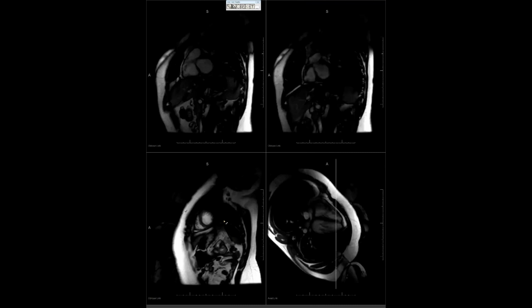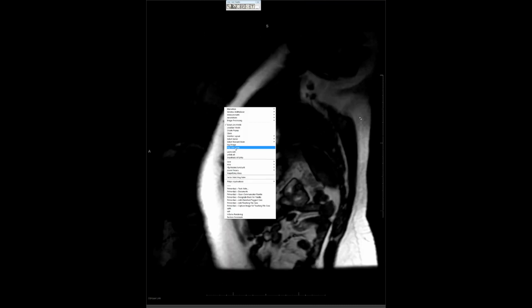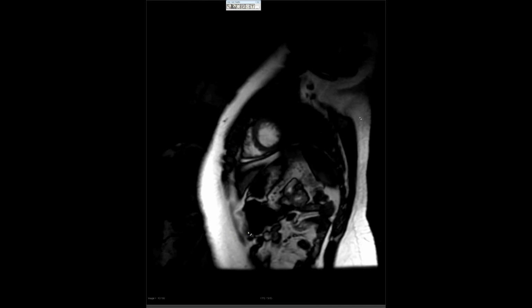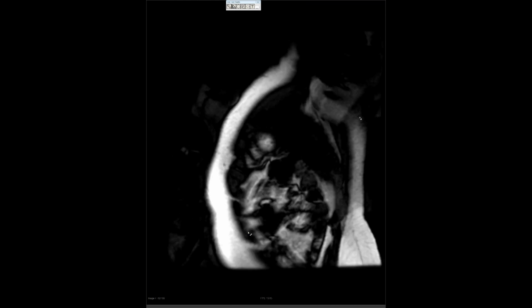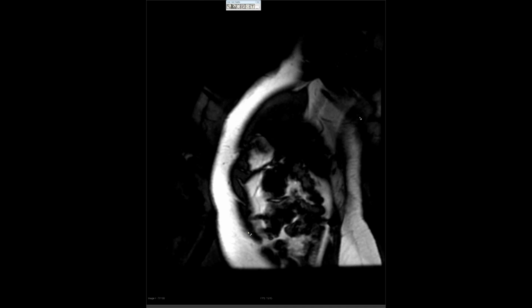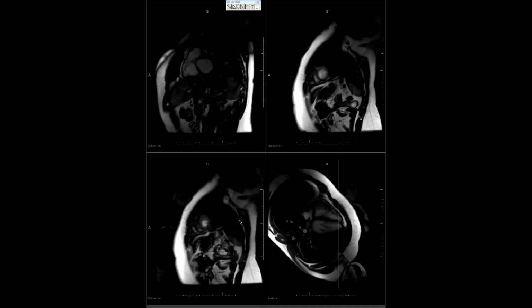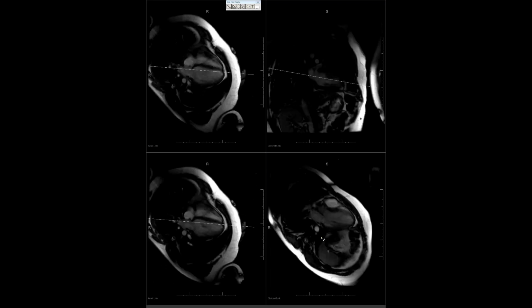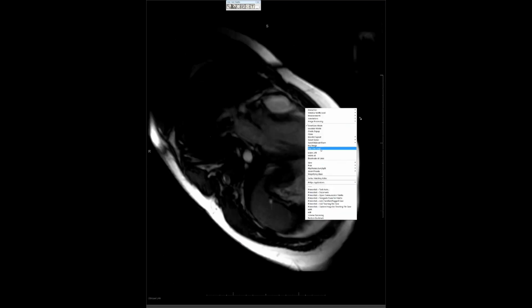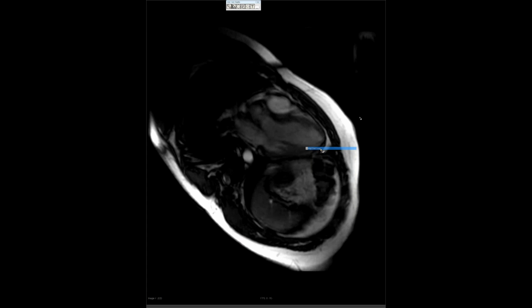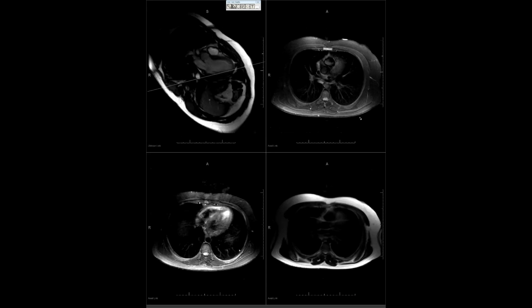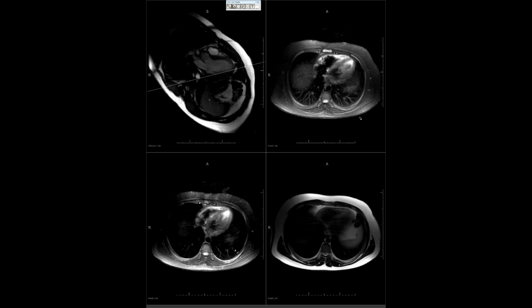Wall motion wise, we did not find too many abnormalities. His EF had improved, and we did not see any apical ballooning to suggest Takotsubo cardiomyopathy. The other thing is the delayed enhancement, which we did again. We did the T2 imaging, but he could not hold his breath so well.